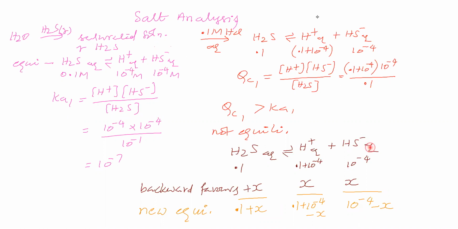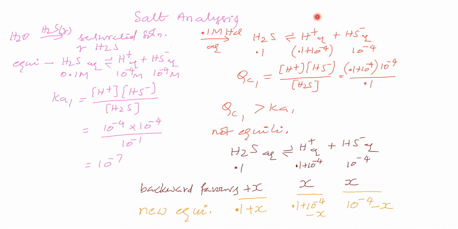We added HCl, so the equilibrium in the system is disturbed, then the system came for a new equilibrium after some time. In the new equilibrium, the concentration of HS minus is given.